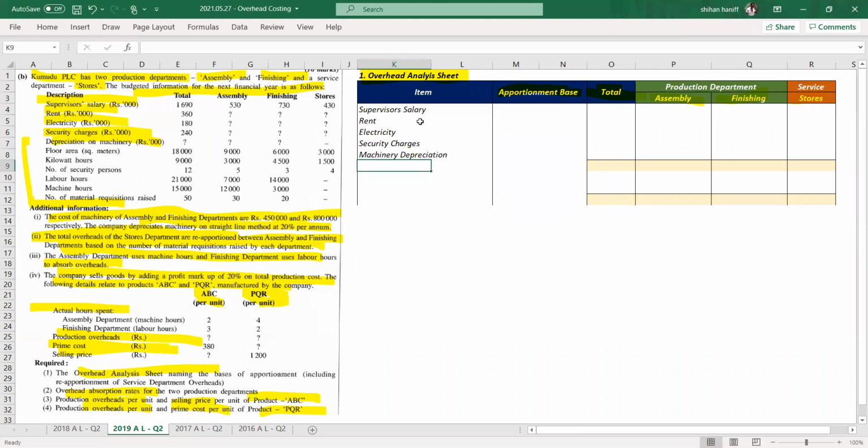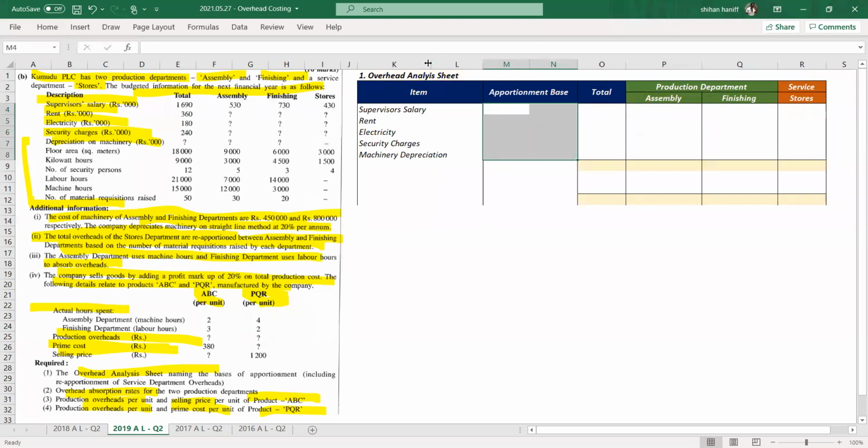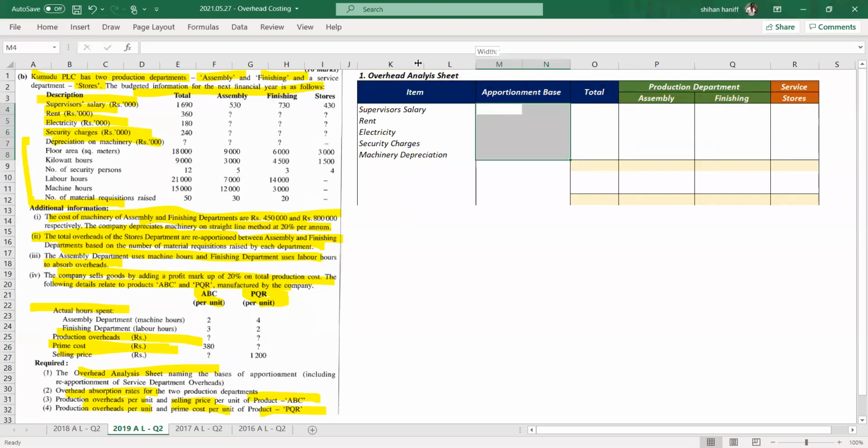So can you all find out the apportionment base and divide the expense for each department? Each expense divide according to the departments.